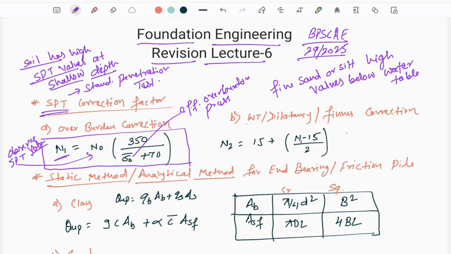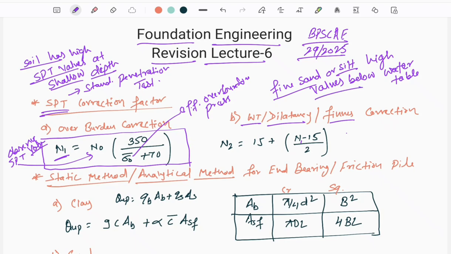After that there is one more correction, called the water table or dilatancy or fineness correction. This is needed because sometimes below the water table there is fine sand or silt, which also increases the N values below the water table.